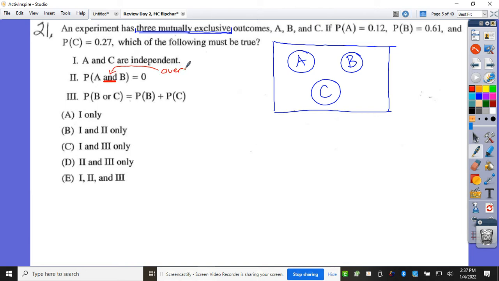Then eliminate that. So do A and B overlap? No. So should the probability of A and B be equal to 0? Well, yes. If they don't overlap, that means the overlap shouldn't be there. And that's my main concern, that I saw missed a lot: people not going with that answer.